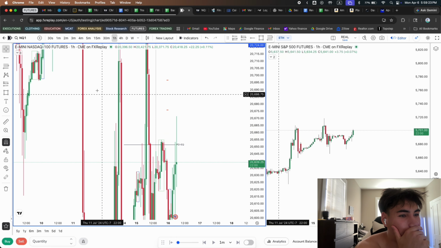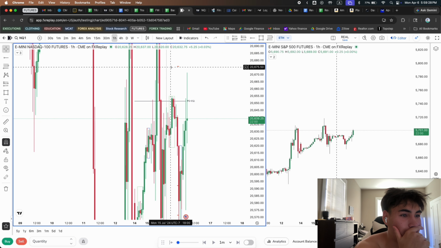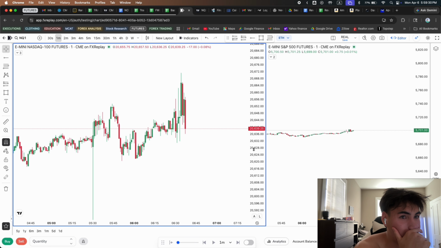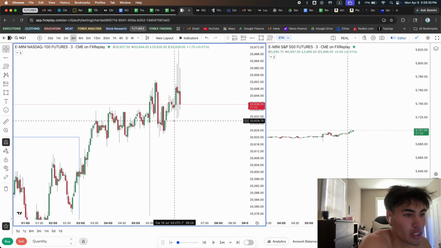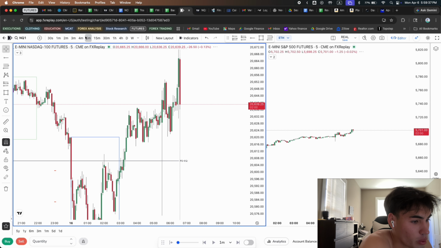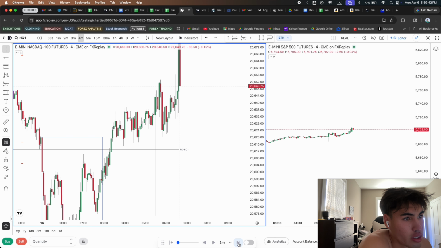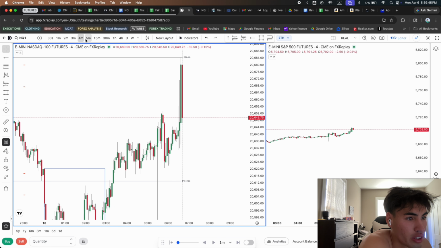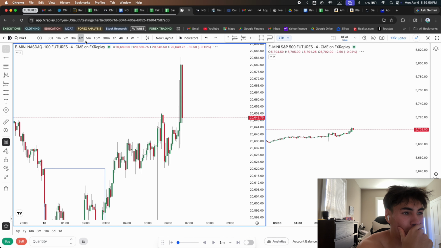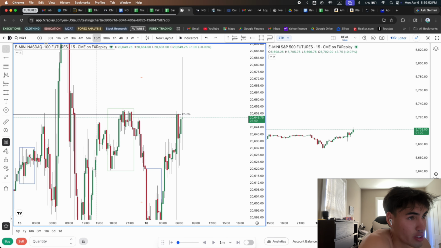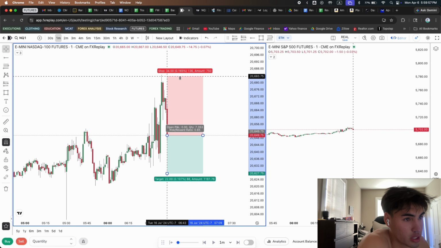Oh. Yo, this is low-key an A+ setup too, bro. To the lows? Oh my lord. Well, actually, we'd have to close below that, but on the 4-minute. Yeah, I mean, we kind of already saw the price action, but this is an A++ setup.